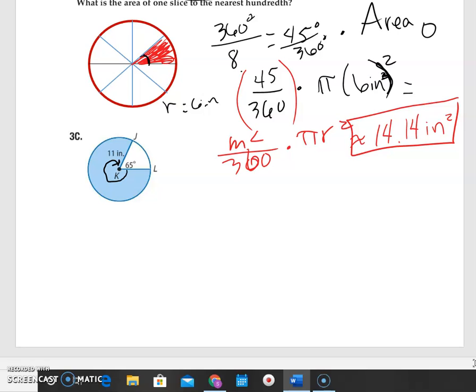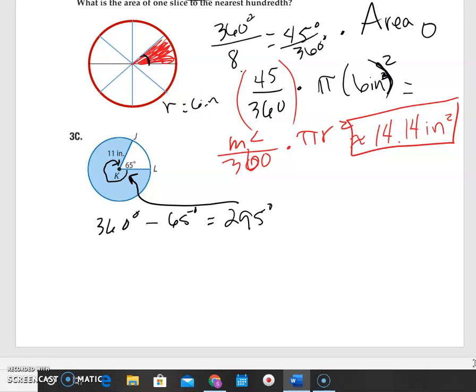We know there are 360 degrees in the whole thing, and if we subtract the 65, that's how much is in the shaded region. So 360 minus 65, I get 295 degrees. So that's the shaded sector.